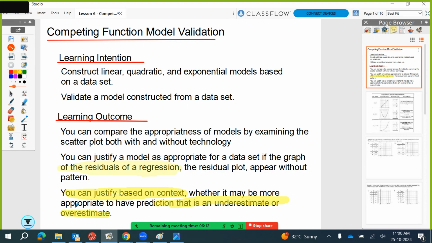It'll be a multiple choice question. You'll get 4 reasons and pick the right one. Two of them will say overestimate, 2 of them will say underestimate, and each one will have a different reason and you have to pick the right one.